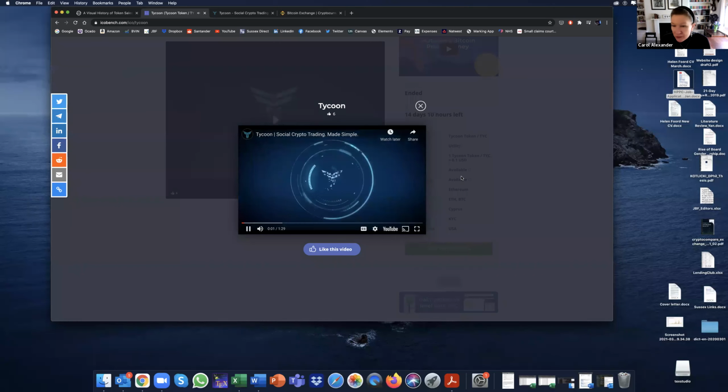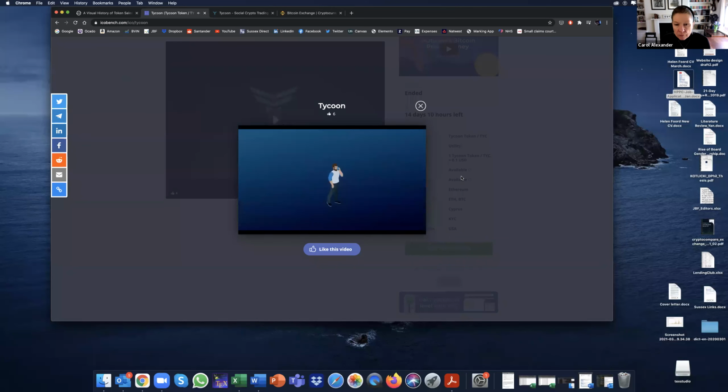Nice and short, 129. Tycoon is the first social crypto trading platform with a unique and fully automatic copy trader technology. You as a follower can diversify your trading portfolio by choosing your favorite traders to maximize your profits. You can allocate any individual amount to every trader you want to follow. You don't need any knowledge to use Tycoon. It is easy to understand for everybody.